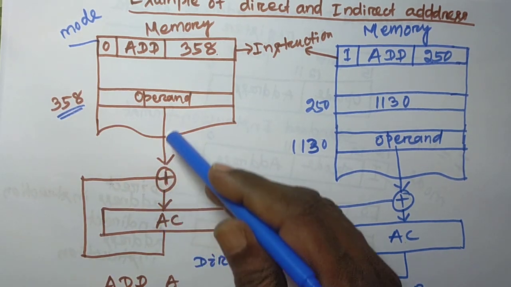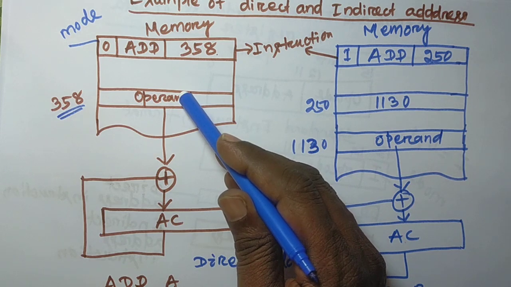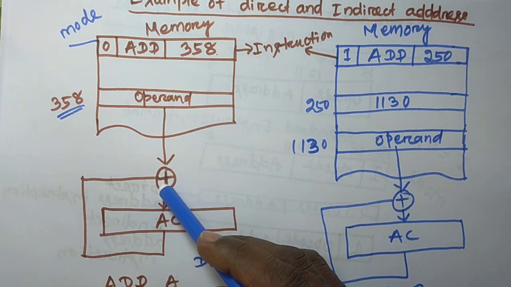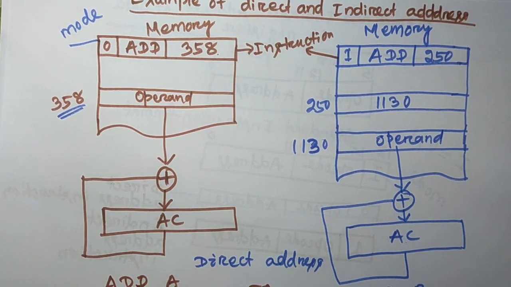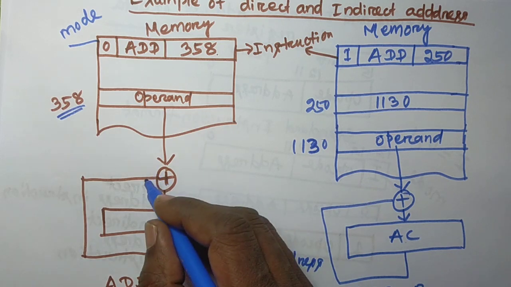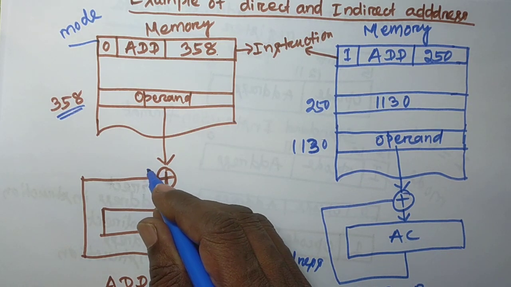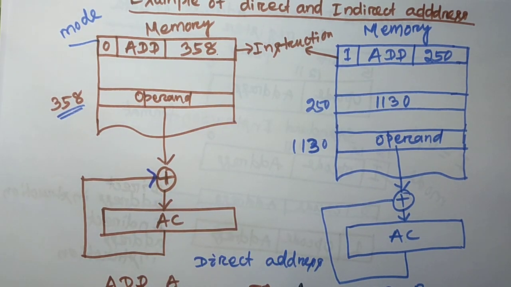Again, data is accessed from the operand, addition operation, added with SC, again stored in SC. So this is the basic concept whenever we go through this add operation having one operand.